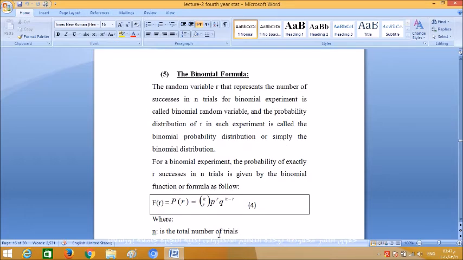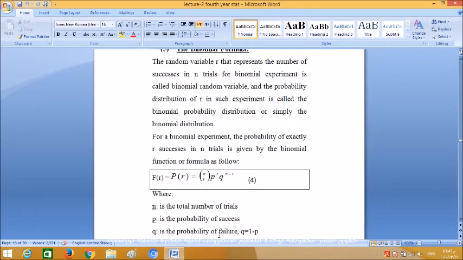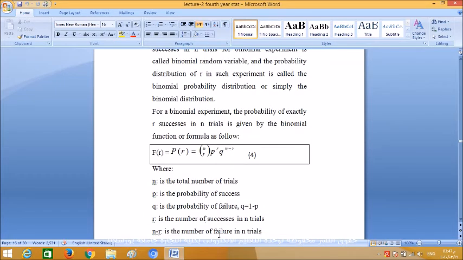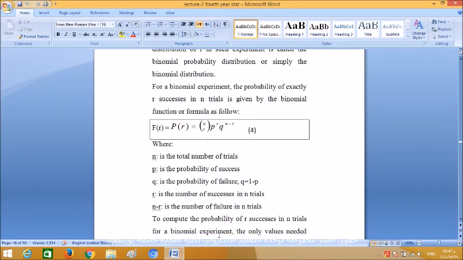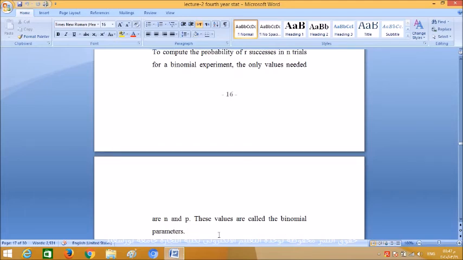N is the total number of trials. P is the probability of success. Q is the probability of failure, and Q equals 1 minus P. R is the number of successes in N trials. N minus R is the number of failures in N trials. To compute the probability of R successes in N trials for a binomial experiment, the only values needed are N and P. These values are called the binomial parameters.